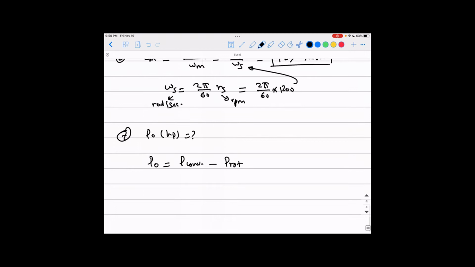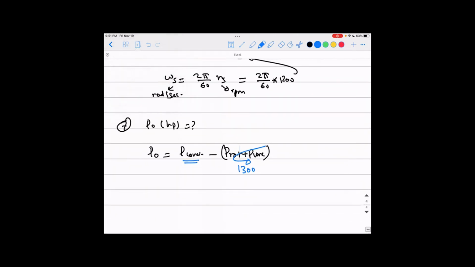Or for here it will be P rotational plus P core because they are lumped together. He gave you P rotational at 1300 but didn't say anything about P core, so he assumes they are lumped together, or that P core is neglected. Both work the same way. That is given in the beginning to be 1300. So all we need is to find the P converted.